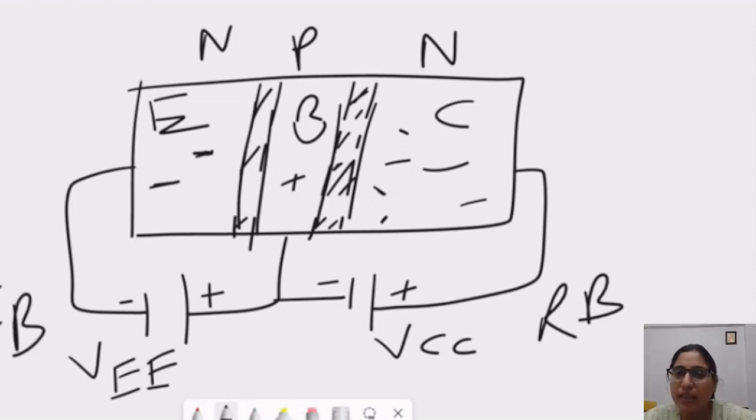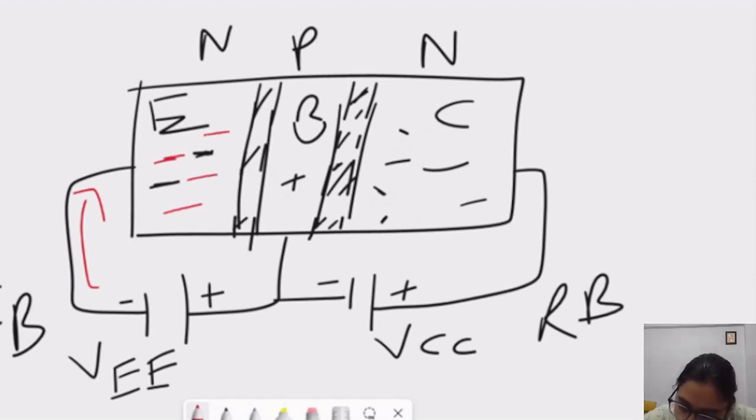Now we will discuss the mechanism, what is happening inside this. Now this VEE battery pushes the electrons, or whatever the charge here, to break the barrier potential and move towards the junction.